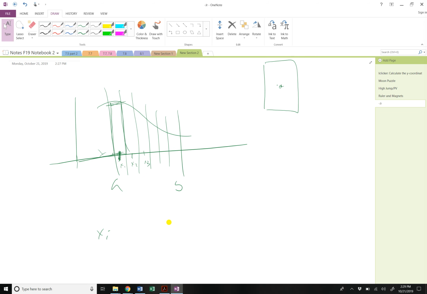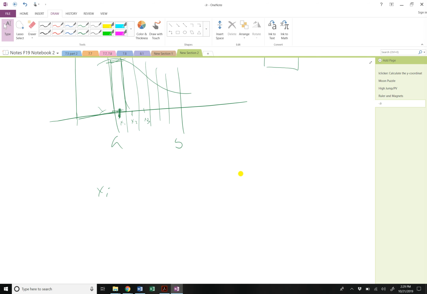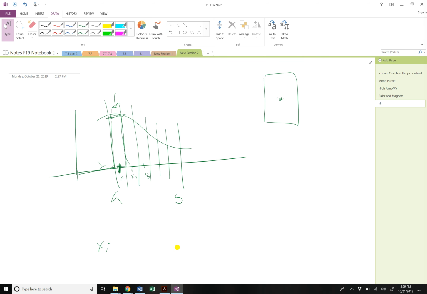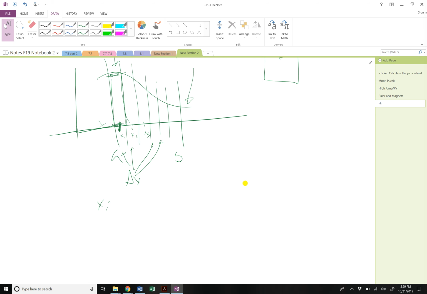times the area. So we need a coordinate times an area, or a coordinate times a weight. What's the weight associated with this rectangle? What's the area associated with that rectangle? What's the width of the rectangle? What's the height of the rectangle?